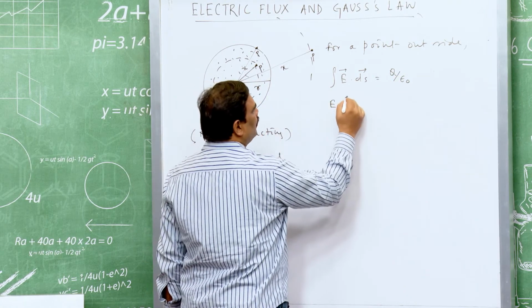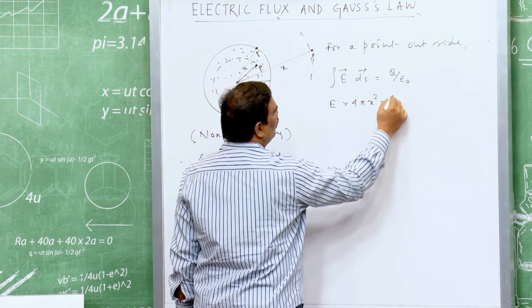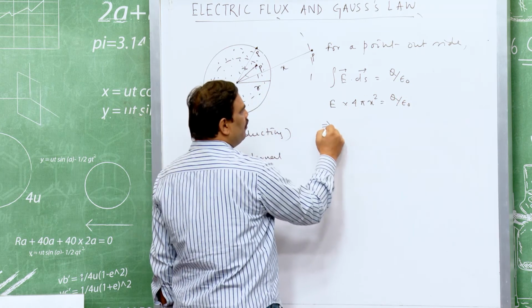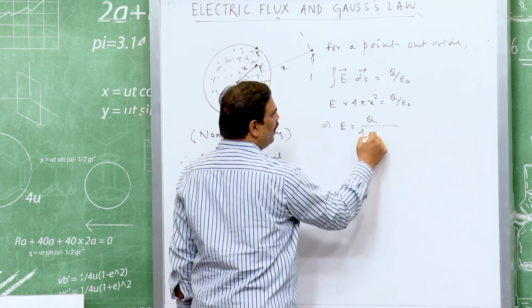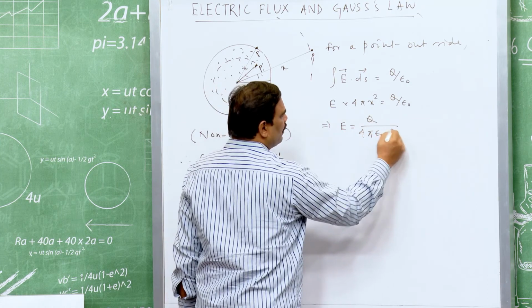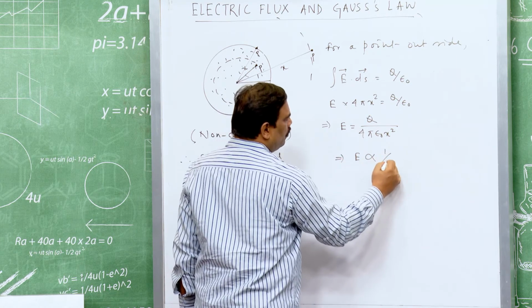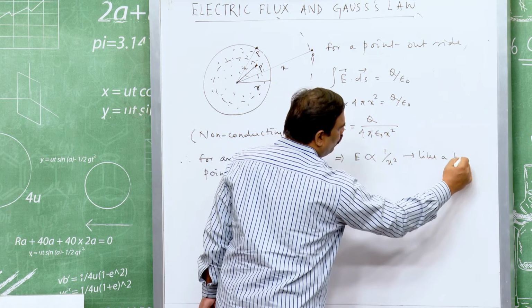So, E integration ds is 4 pi x square is q divided by epsilon 0. So, this will give me E equal to q divided by 4 pi epsilon 0 x square, implies E is proportional to 1 by x square, like a point charge.